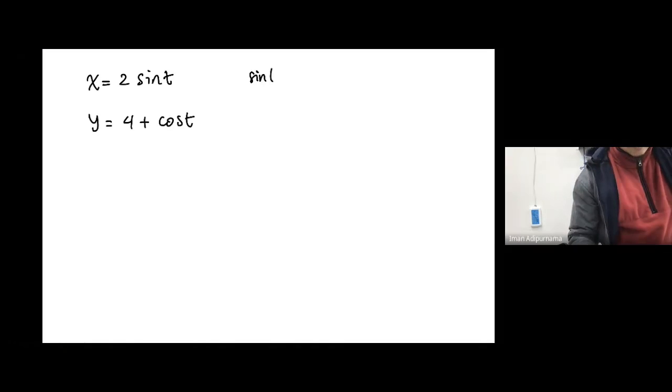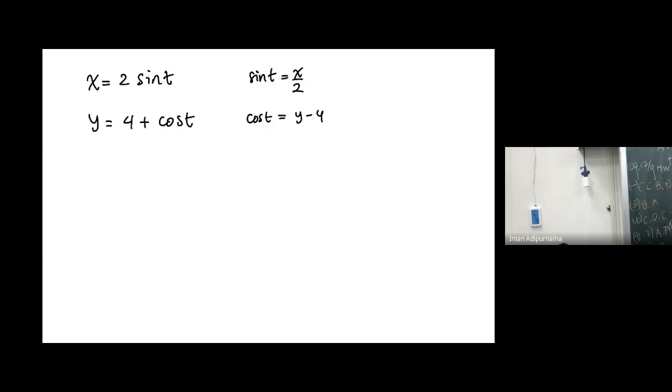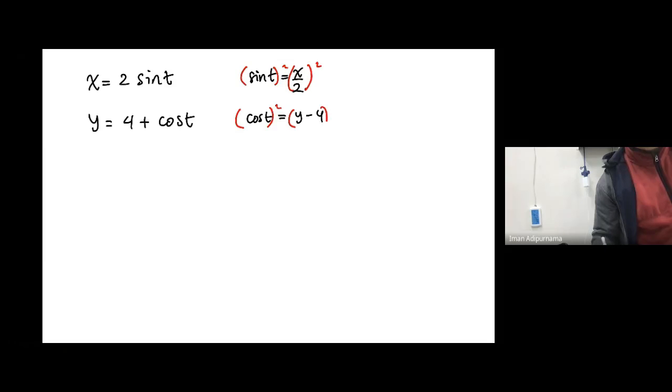So let me write the sine t as x over 2, okay? And cos t is y minus 4, okay? Let me square both, all squared, okay?